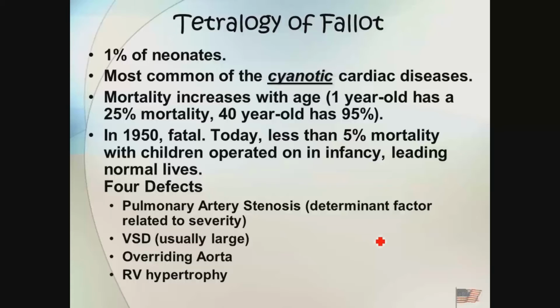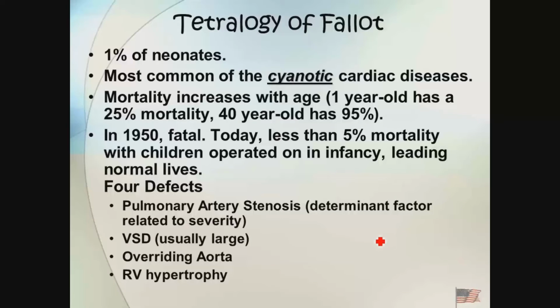Tetralogy implies that there are 4 defects. These might be a good thing to know. The 4 defects are that you have a pulmonary stenosis, you have a usually quite large ventricular septal defect, and you don't have 2 separate vessels, pulmonary artery and aorta.